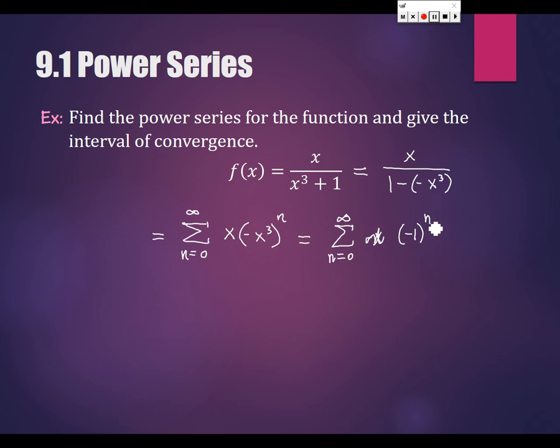We'll take care of that first. And then we still have the x. And then we still have this x to the 3n. Is that okay? Can we do that? We're not done yet, though. So I might write this as, finally, n equals 0 to infinity, negative 1 to the n, x to the 3n plus 1, rules of exponents, right?